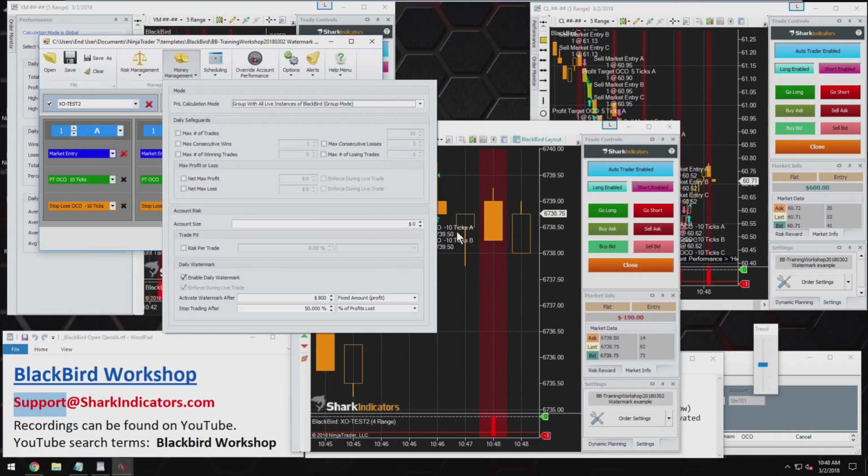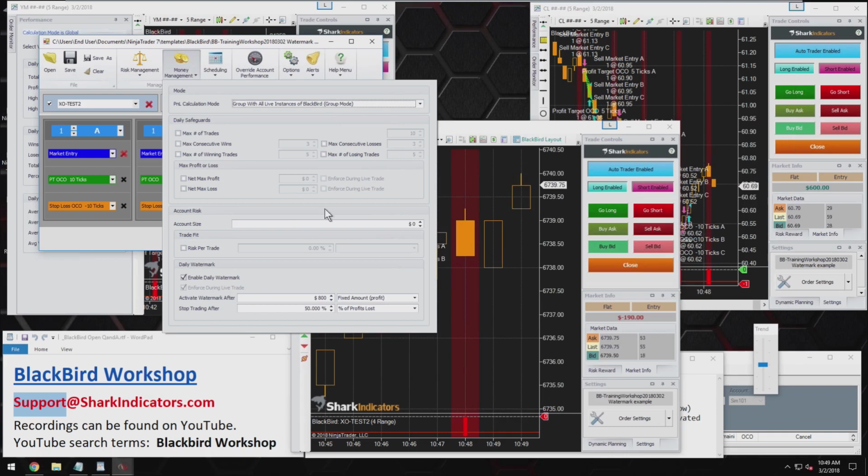Essentially, I don't like to knock NinjaTrader all that much, but essentially NinjaTrader just kind of runs too slowly to be able to get the enable during live trades to run properly in group mode, right? So it just takes too long to get all the data from all the BlackBirds pulled together in a timely fashion to enforce the daily watermark during a live trade. So, yeah, that's right. That is disabled.